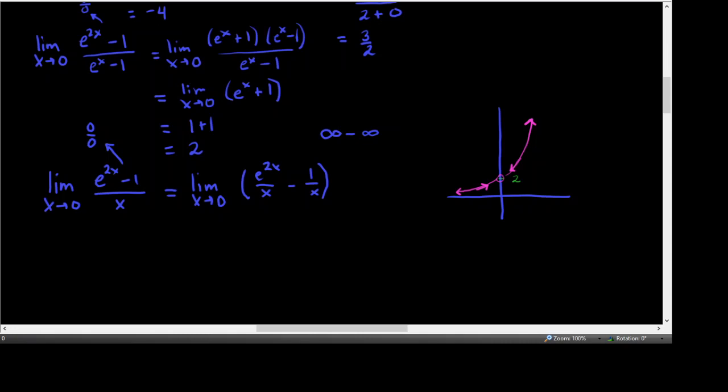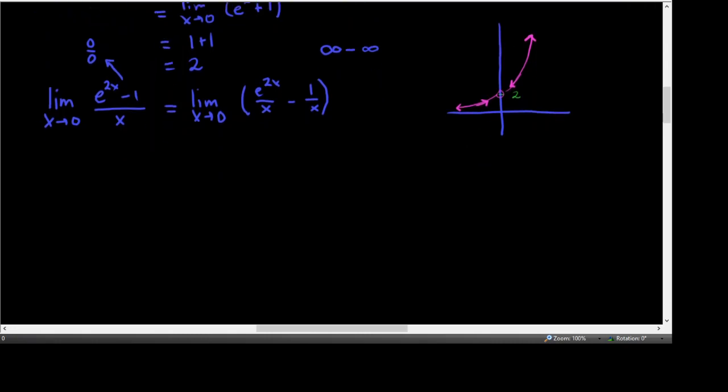And on the other side, when we put in 1, we get 6.389. Put in 0.1, we get 2.214, then 2.02, 2.002. So it does appear to be headed toward 2, but again, we could be fooling ourselves. And so there's really no way to prove it using what you know right now.